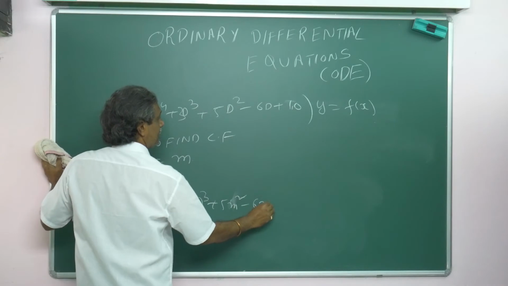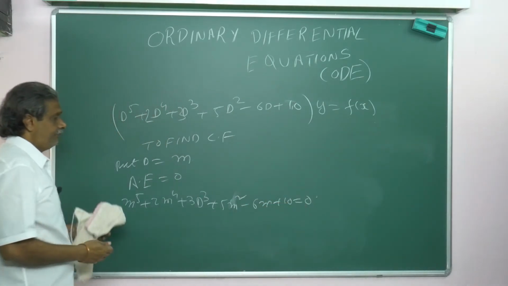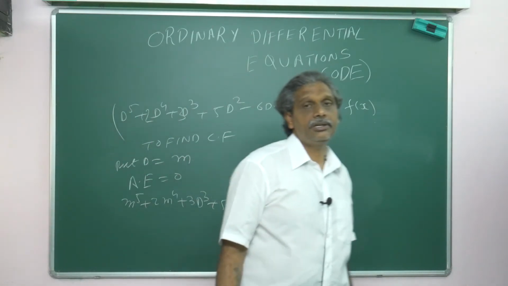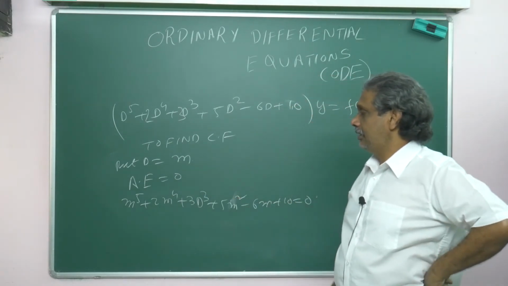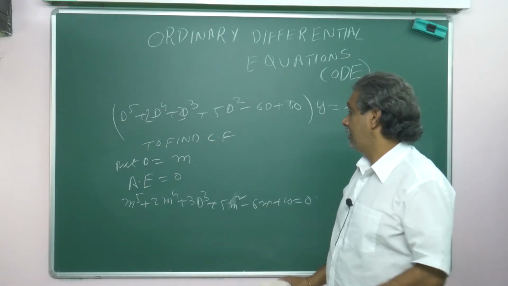Now this is a polynomial in m of degree 5. How many roots will I have? 5 roots, at most 5 roots.